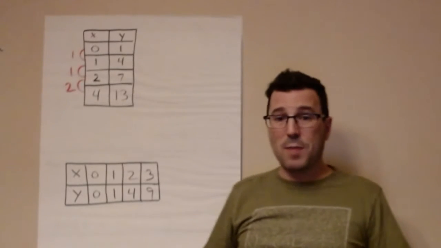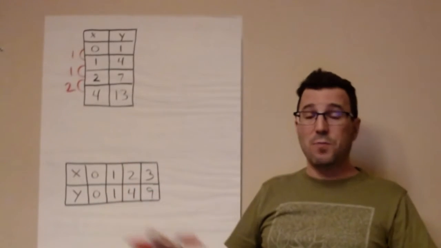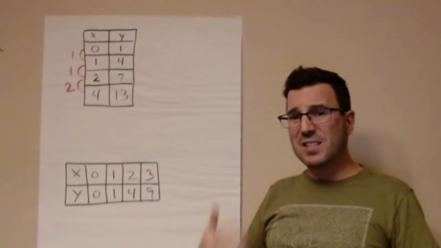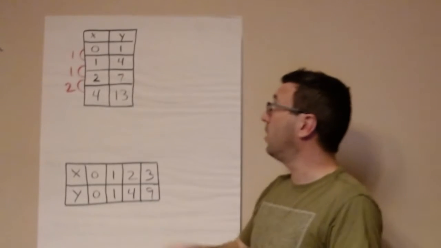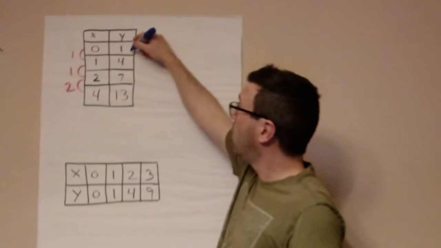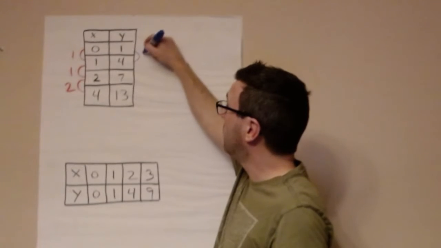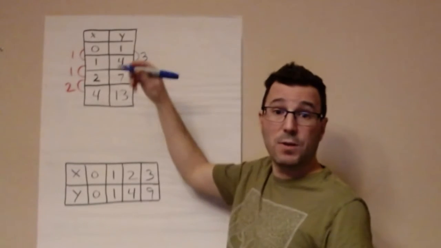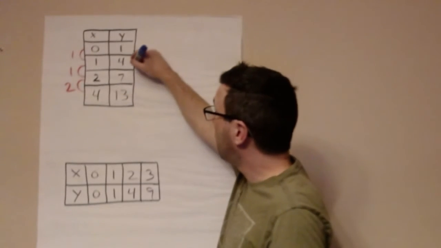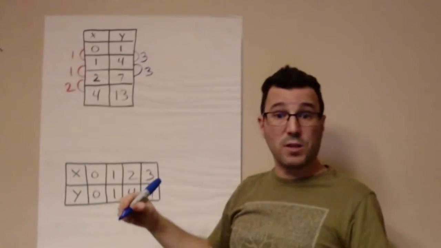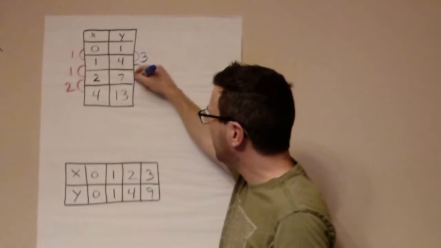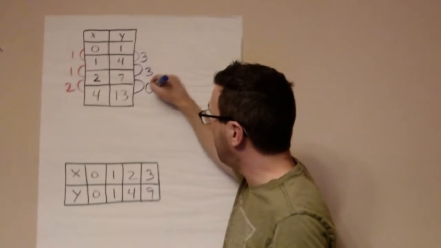I'm not going to automatically be like, whoa, well, this is not a function, because I still have to look at my y's. Maybe it's still consistent. So I'm going to look. 1 to 4, that increases by 3. 4 to 7, again, increases by 3. 7 to 13 goes up by 6.